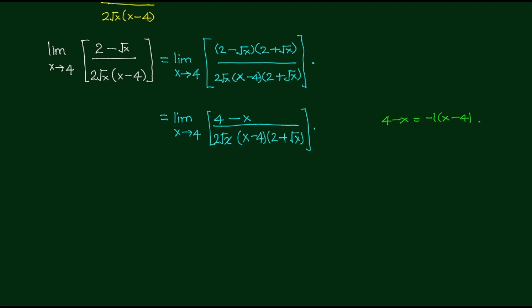So rewriting that here, we shall have our limit as x tends to 4 of -1 multiplied by x minus 4, and we divide with our denominator, which was 2 root x multiplied by x minus 4 times 2 plus root x.